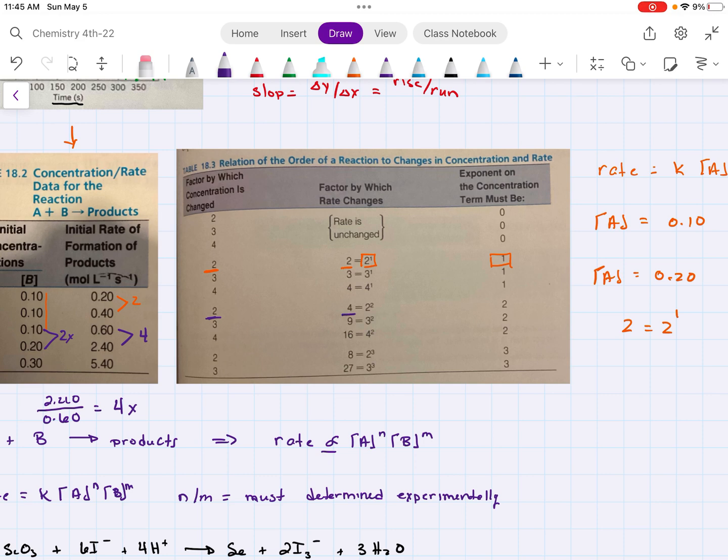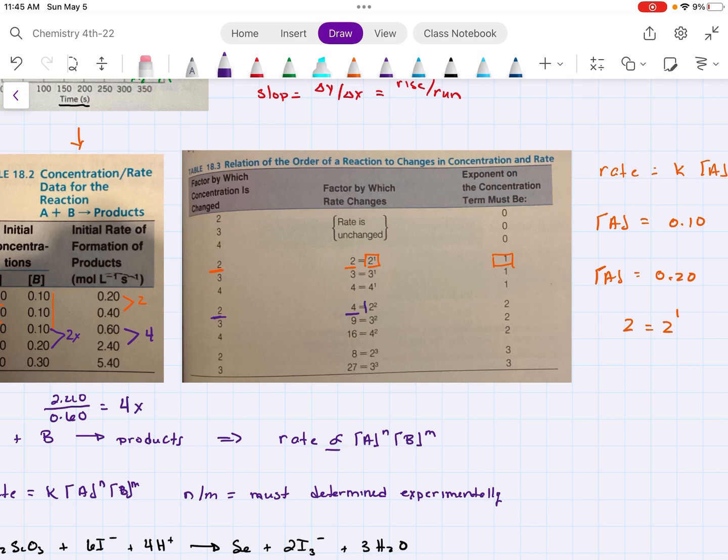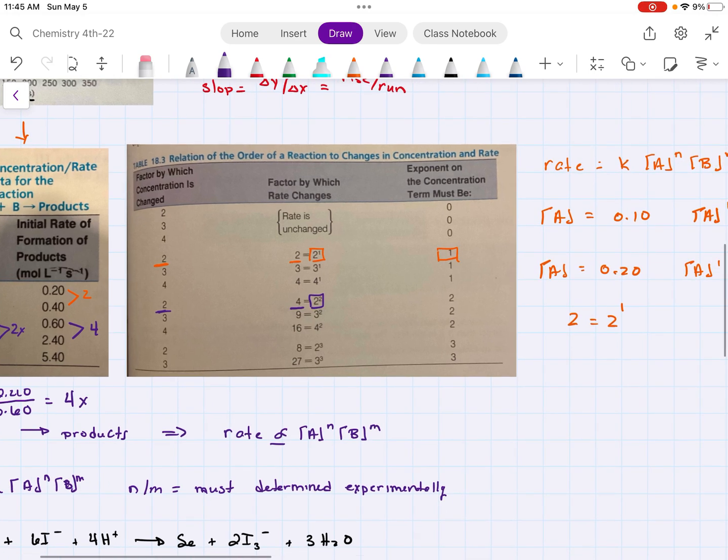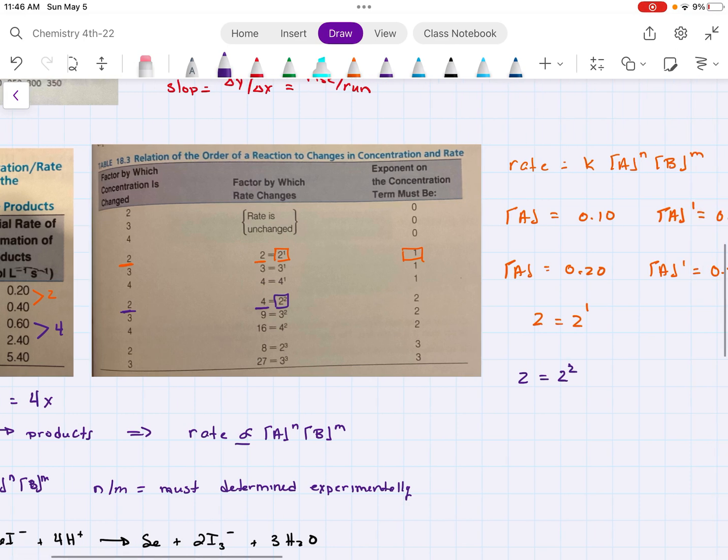In order for that to be true, you have to square that value. So when the initial concentration is doubled, we see a 4-fold increase. In order for that to happen, you need to take that same 2 and square it. So what we're seeing here is a reaction of second order, or exponent 2.